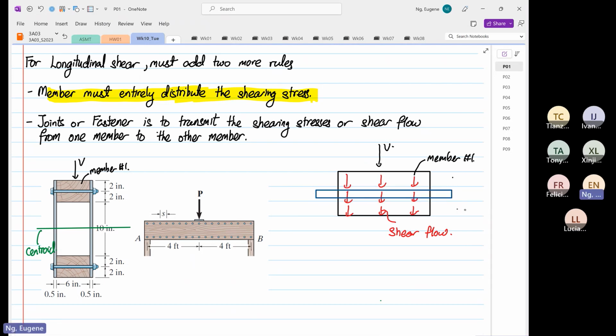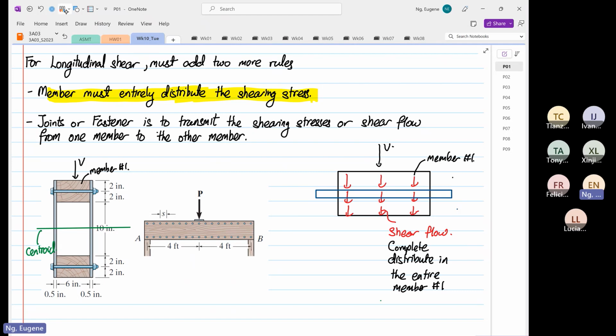Only after the shear flow has completely distributed in the entire member number 1, then the fastener will transmit.